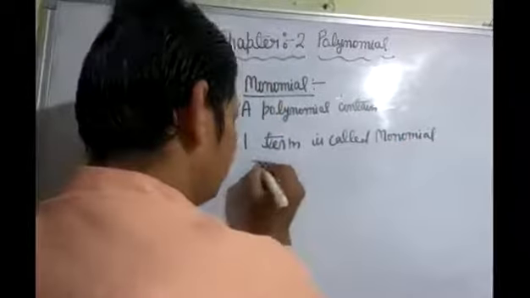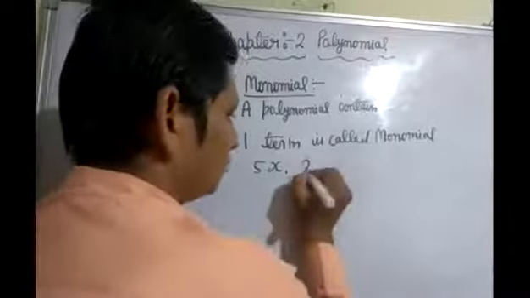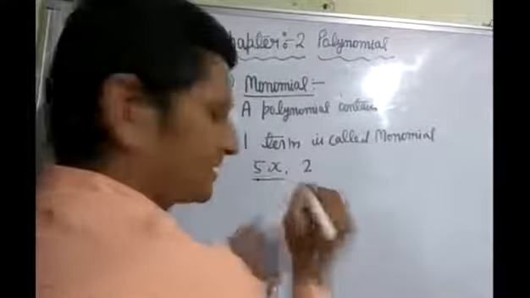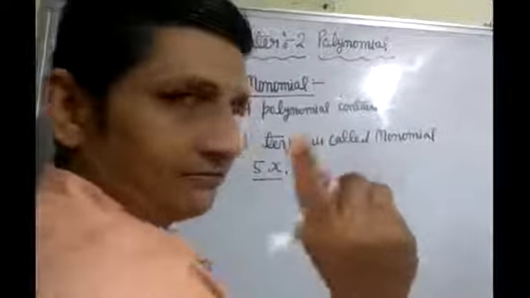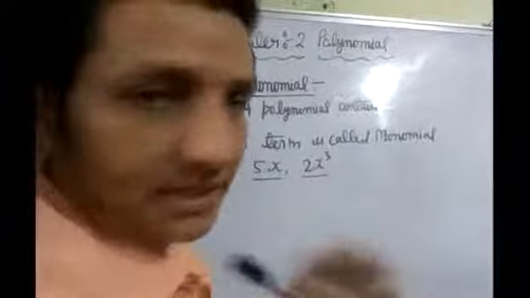For example, 5x, 2. Here 5x contains one term, 2 contains one term, 2x³ contains one term, so it is monomial.